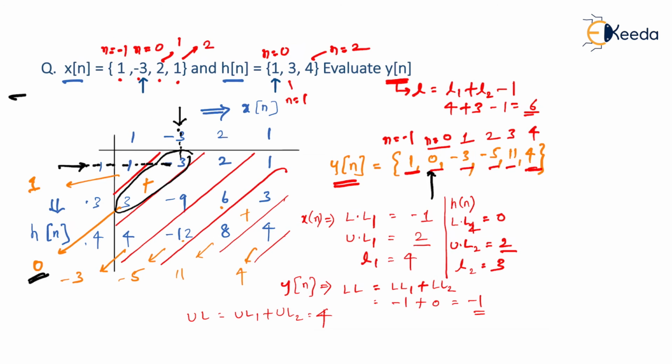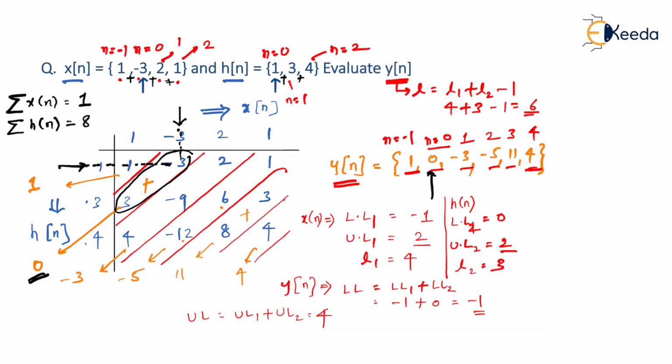So we'll see summation of x of n here. Add these elements. 1 plus minus 3, it is minus 2. Minus 2 plus 2, 0. 0 plus 1, it is 1. So simply, summation of x of n is 1. See summation of h of n now. Just add them, 1 plus 3, it is 4, and 4 plus 4, it is 8.